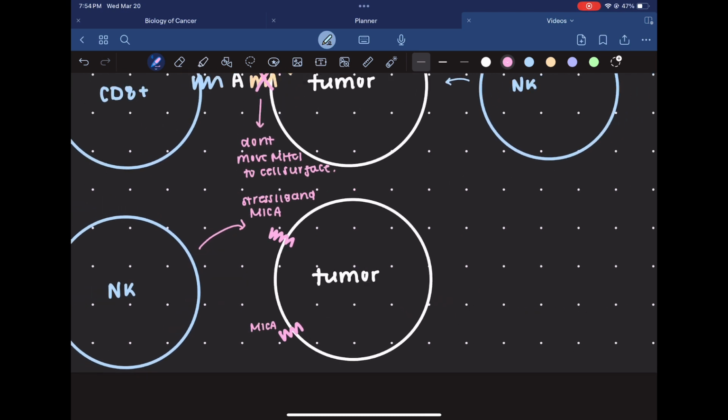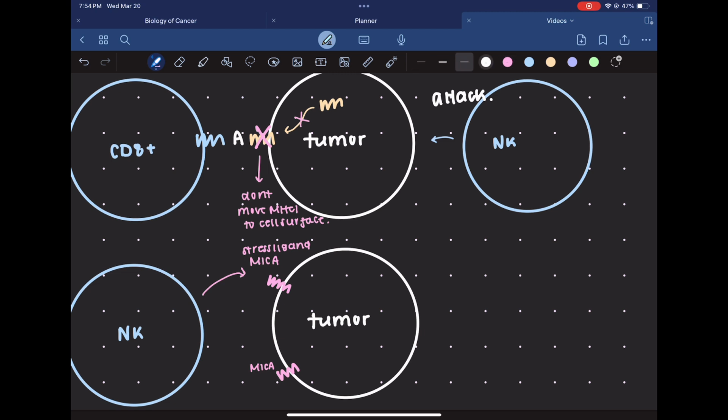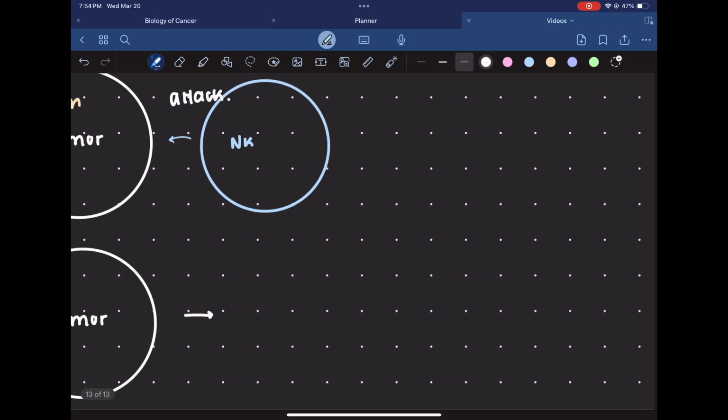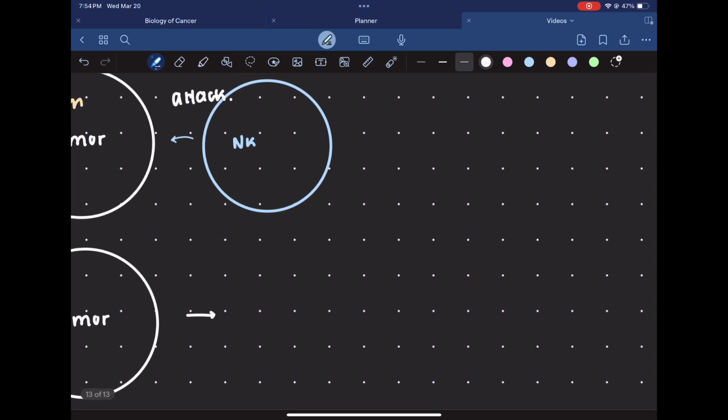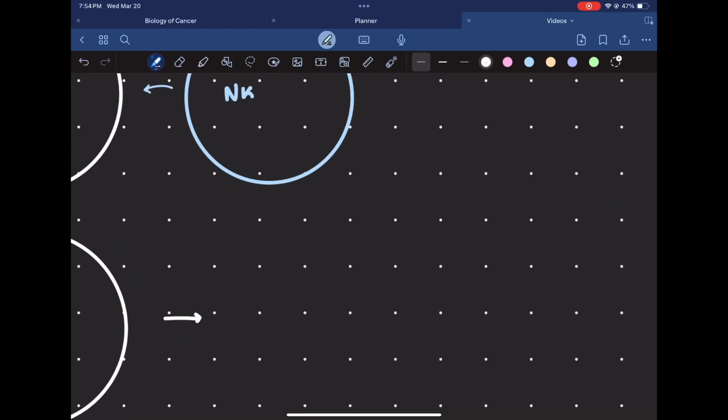What we're going to do to get around this is a couple different things. We are going to, first off, decrease the presence of MICA at the cell surface.